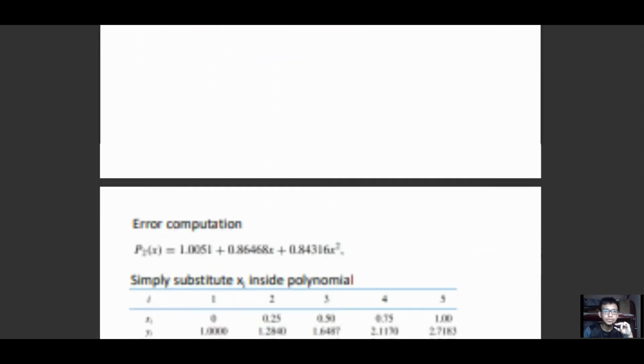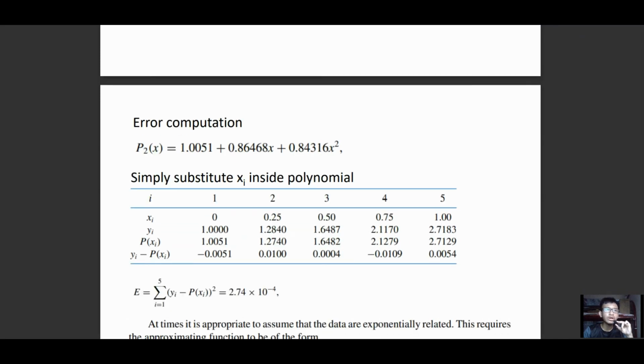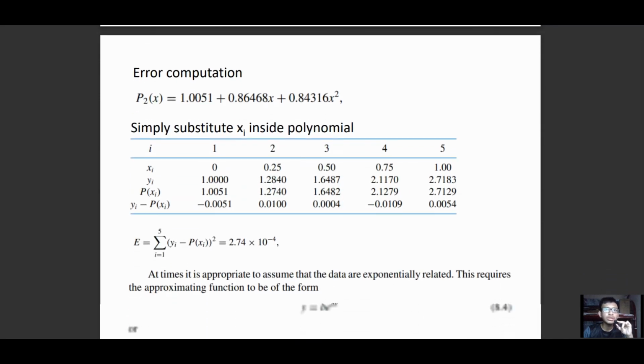Okay, and for the error computation here, we do the same. We simply substitute xi inside the polynomial and it will result in this value. Okay, let's say the given data is 0, 1, meaning the point is (0, 1). This xi and yi is from the data, and this one we simply substitute this value of x inside here.